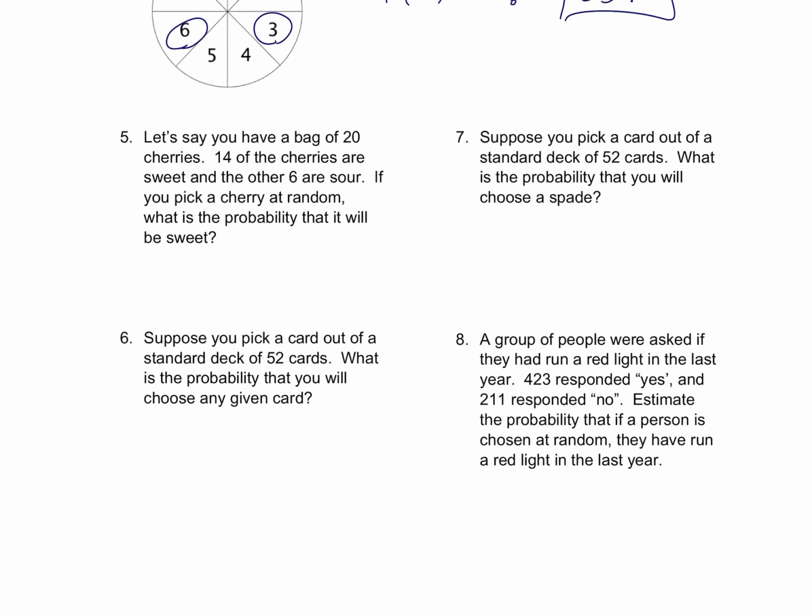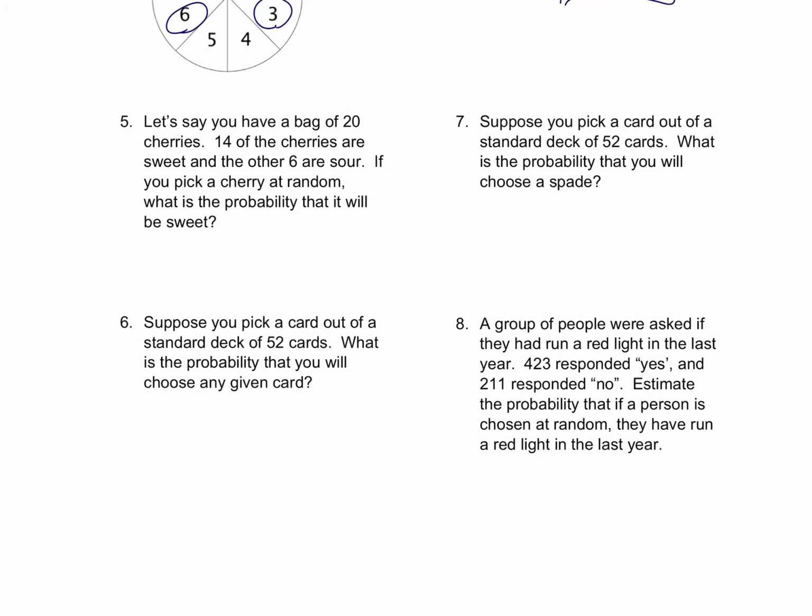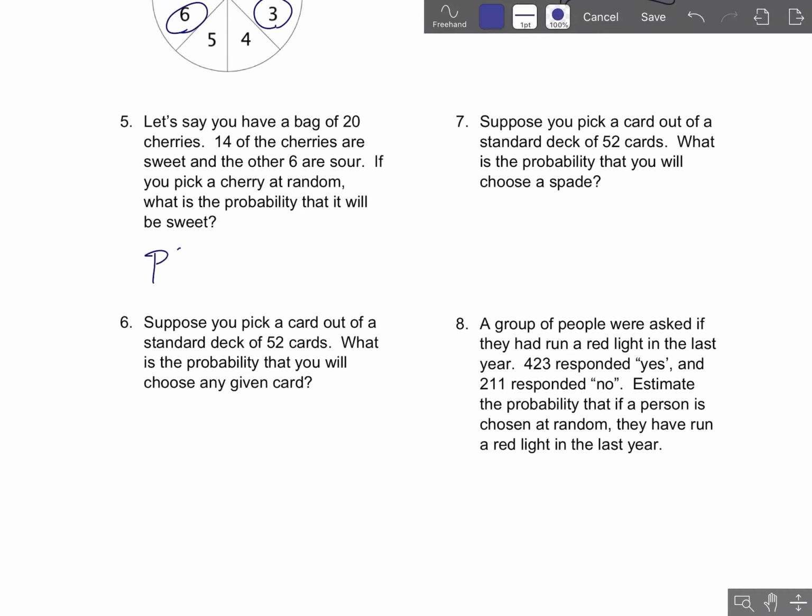Similarly, in 5, if you have a bag of 20 cherries, 14 of the cherries are sweet and 6 are sour. We pick a cherry at random. What's the probability that it will be sweet? If you want the probability of that particular event, you enumerate all of the elements that live in that event and then divide by the total number of outcomes. So I'm thinking of an outcome as a particular cherry that I'm picking out of the bag.